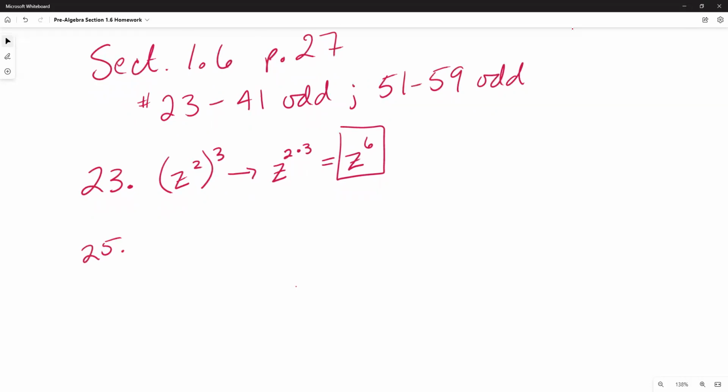All right. So 25, we have a to the power of 10 divided by a to the power of 2. So which rule are we using for this one? Subtraction. So we're using the quotient property, which means that yes, we subtract our exponents. So how would we write this out, Zachary?